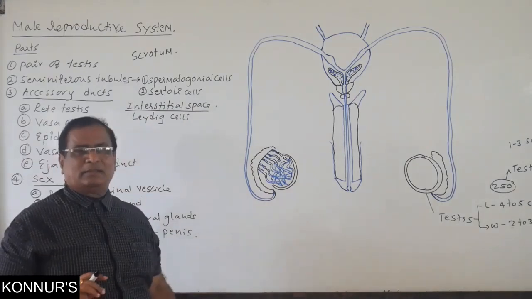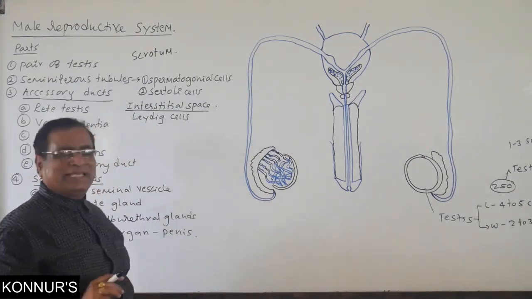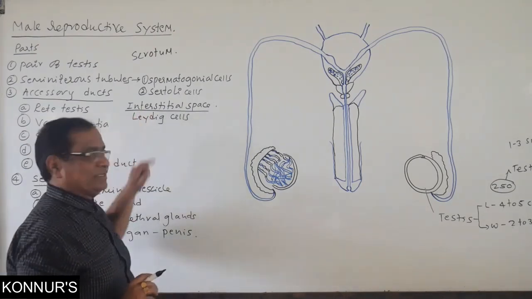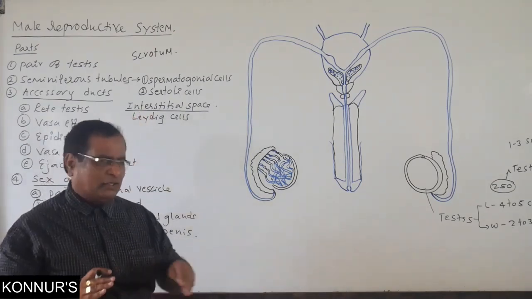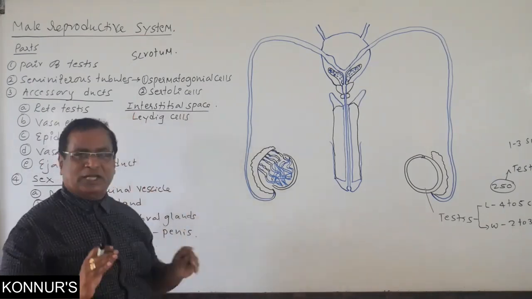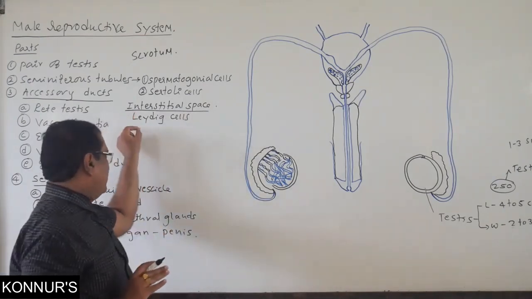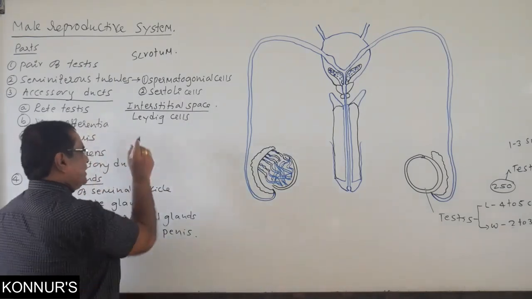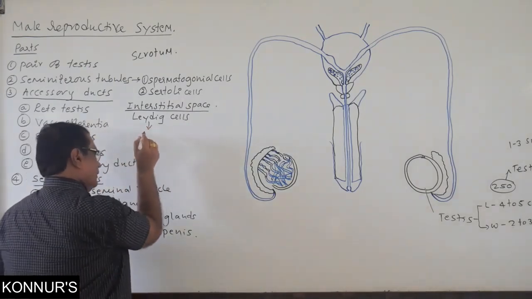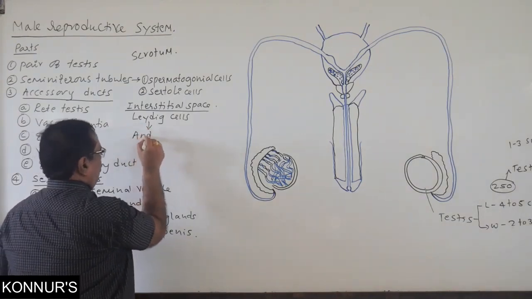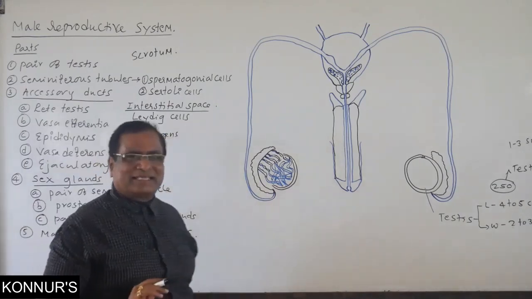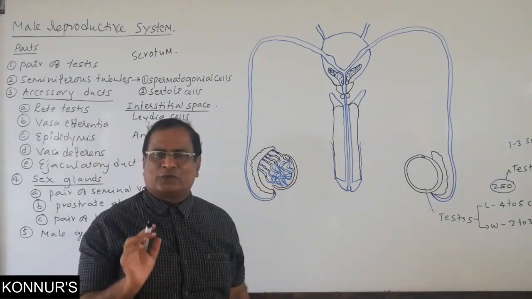Those cells are named Leydig cells. The space between the seminiferous tubules is the interstitial space, where we find another type of cells, Leydig cells. These Leydig cells are meant for the production of androgens, a male sex hormone like testosterone.